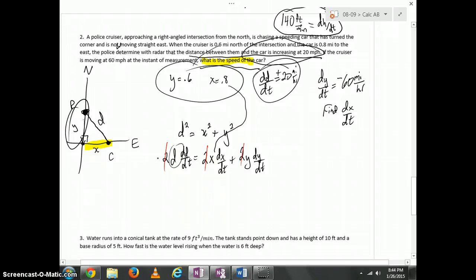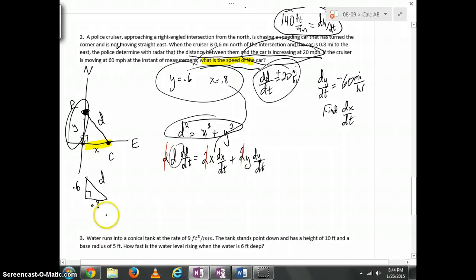And to find that, like we were saying in class, you really need to go ahead and plug in your value of x to be 0.8, plug in your value of y to be 0.6, and here then you can find your distance. We would find d via the Pythagorean theorem. In other words, we'd use the original equation to find that.